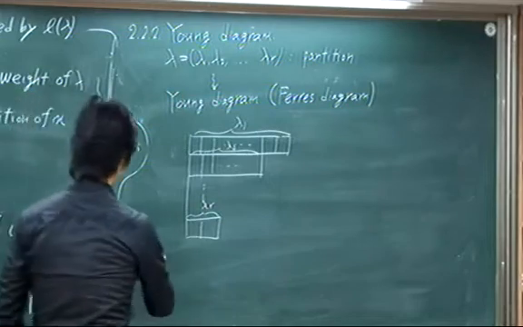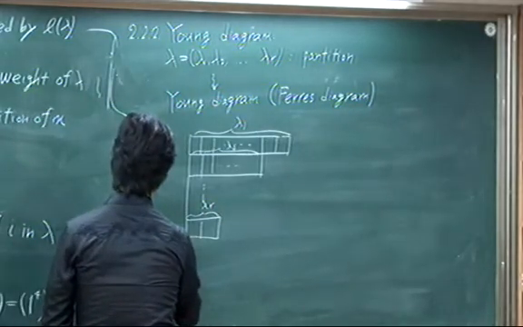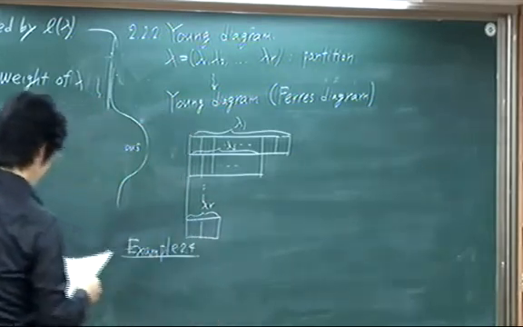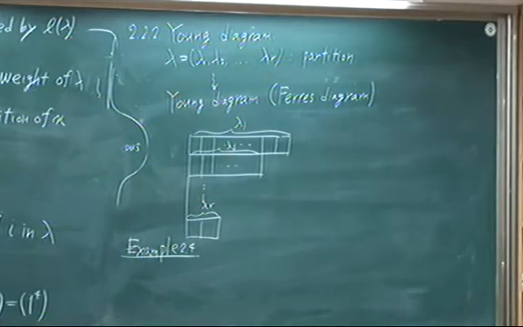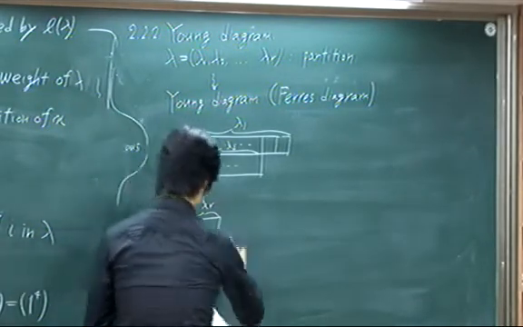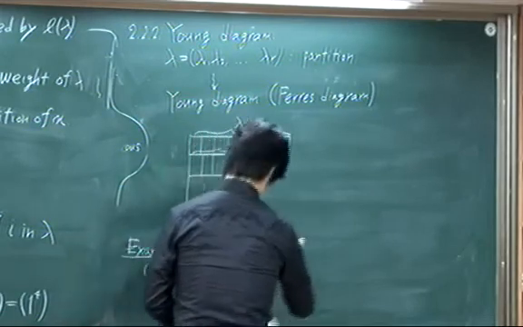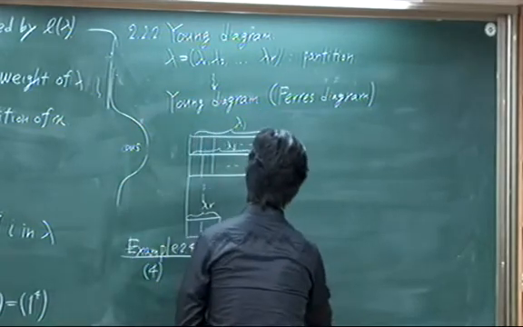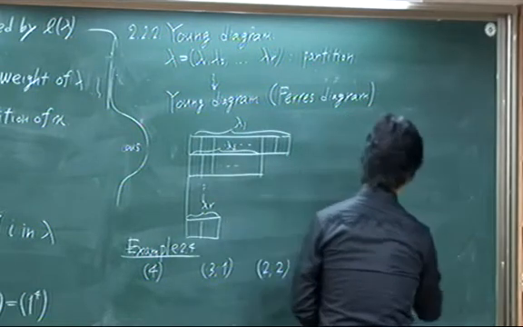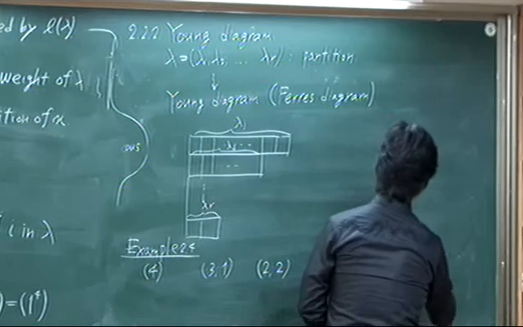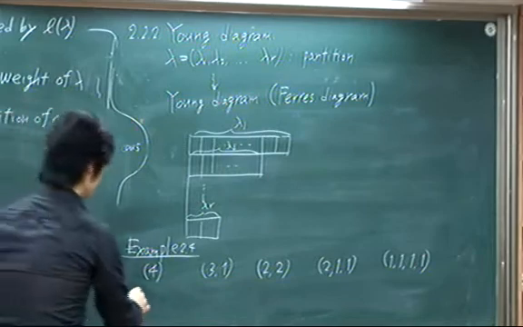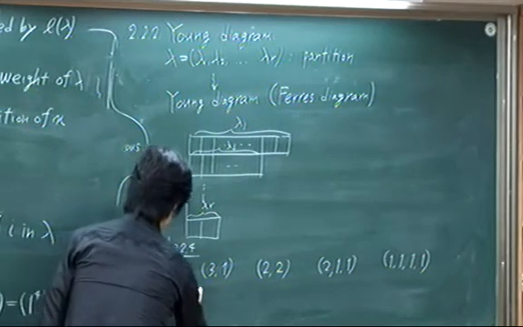For example, consider a partition of 4. There corresponds the Young diagram.